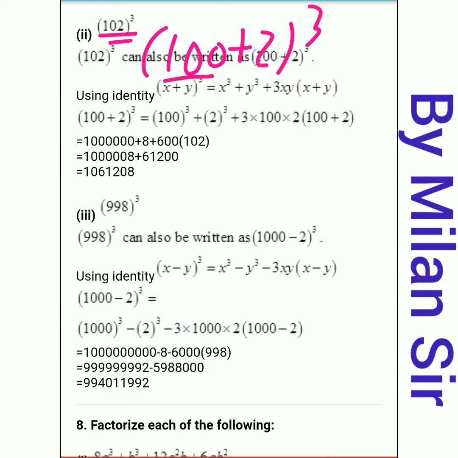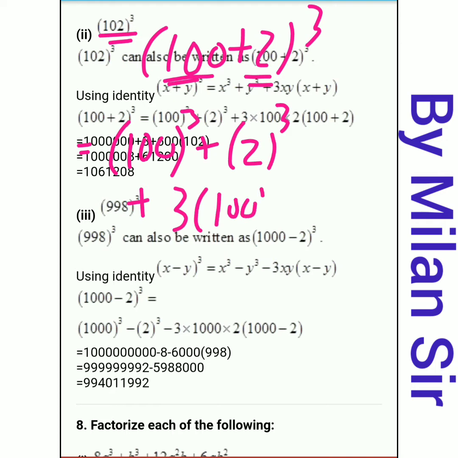So here first term cube, 100 cube, plus second term cube, 2 cube, plus 3 multiply first term 100 multiply second term 2, and in bracket 100 plus 2.